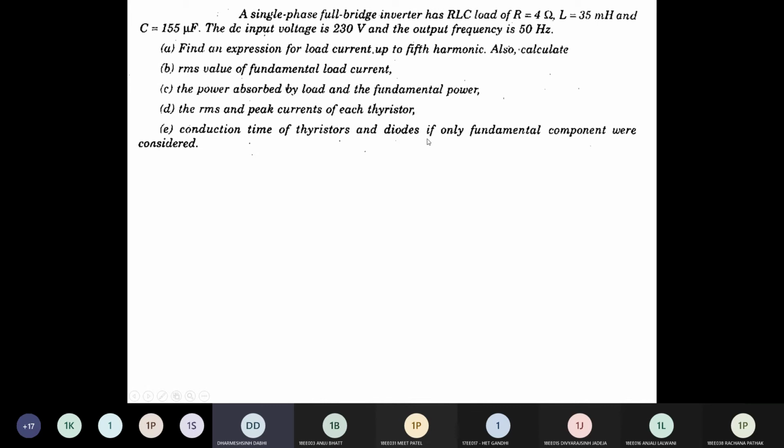For how much angle will your diode conduct? This is an RLC load. Any idea?